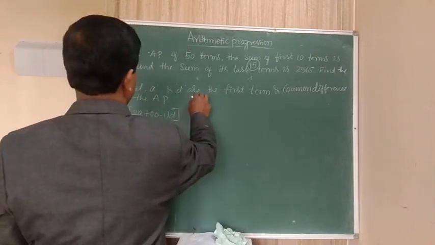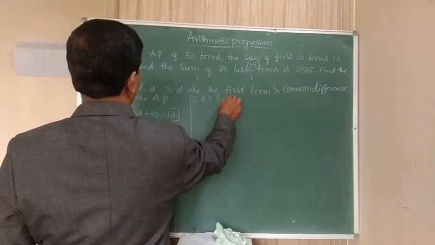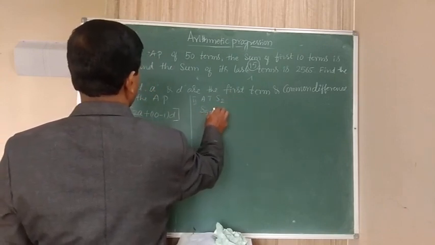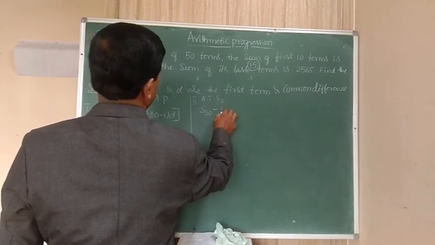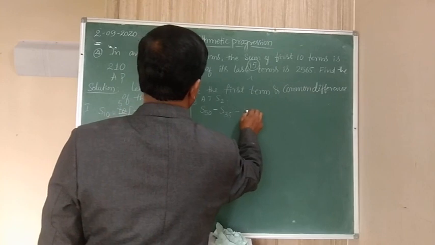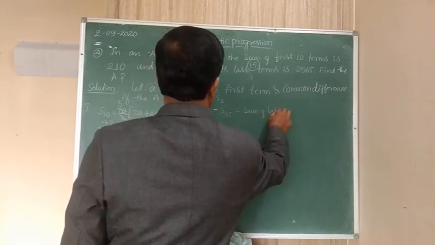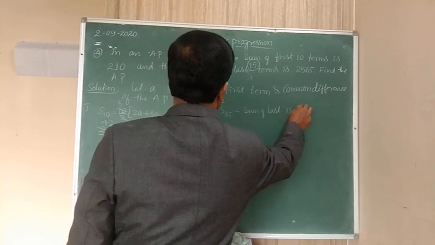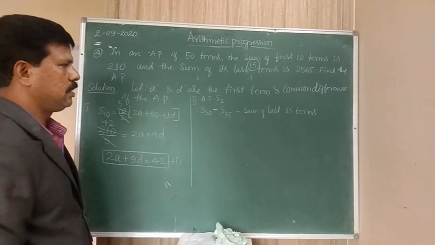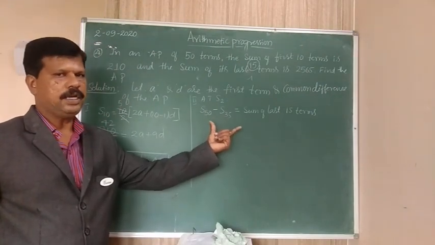So I am writing this according to statement 2. What you can write is S50 minus S35 is equal to the sum of the last 15 terms. See, look at this. We have to write this.